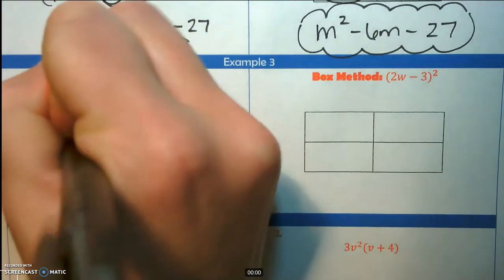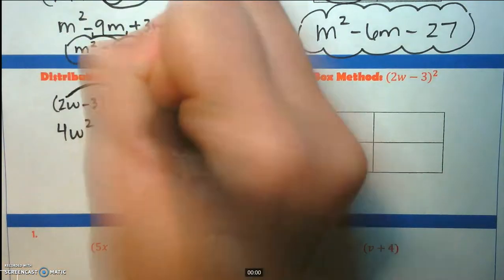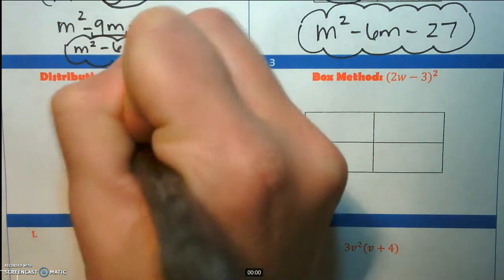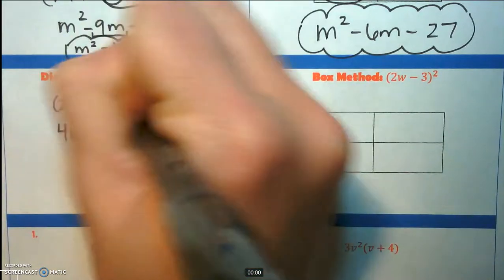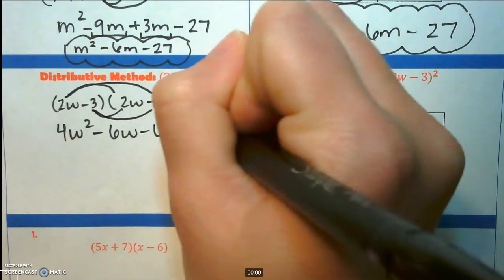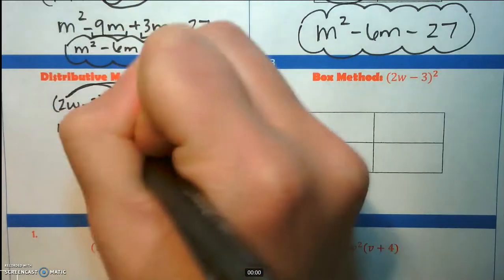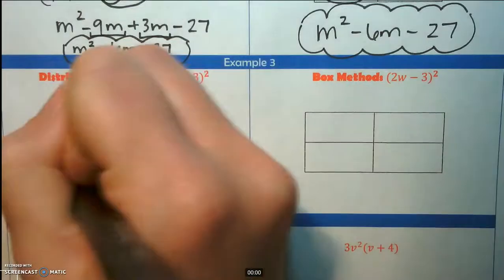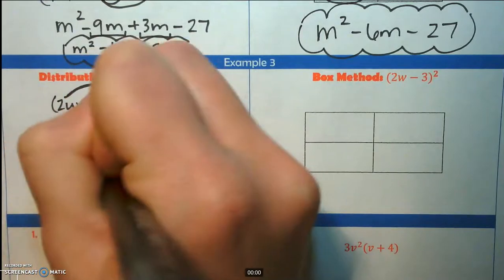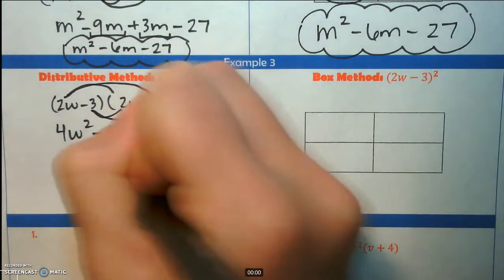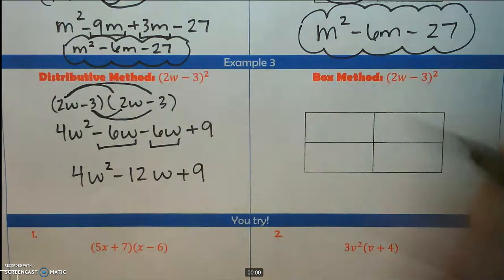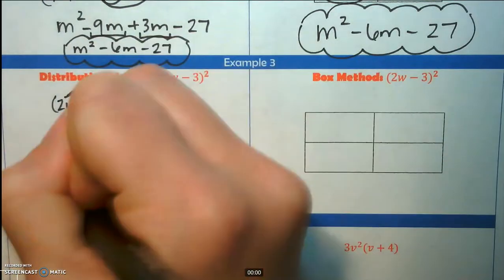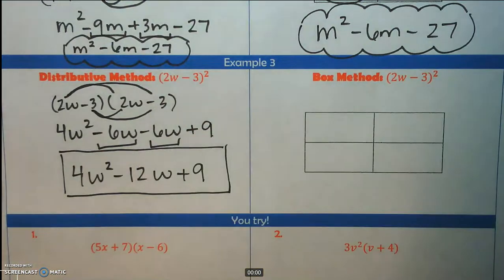That would give us 4w squared minus 6w minus 6w plus 9. I do see like terms that we can combine, giving us 4w squared minus 12w plus 9, which is our final answer.